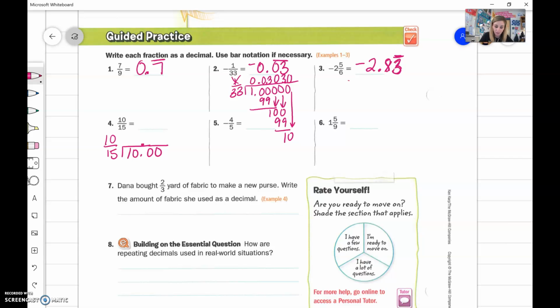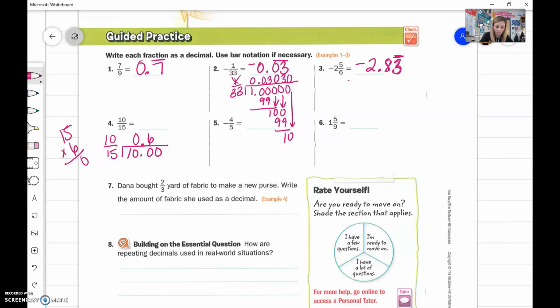We're still going to divide. We're going to put that decimal point there, and we're going to walk through it. If I have 10, can I make a group of 15? Nope, I can't. If I have 100, can I make a group of 15? Yes, I can. So if I make 6, now I know some of you are like, how does she know this? Well, because you just kind of get to know these numbers. But I'm going to prove it over here.